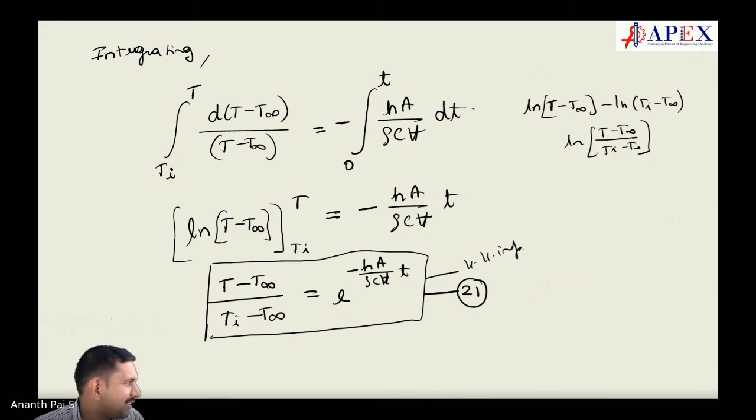We could have written dT by T minus T infinity also, and what you will get here is log of T minus T infinity only. It is for people who are weak in mathematics like me, to understand it better.